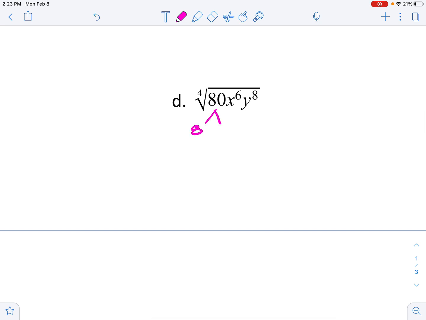80 is 8 times 10, 4 times 2, 5 times 2, 2 and 2. Okay, I need 4 of whatever I take out. 1, 2, 3, 4. That means a 2 can come out.